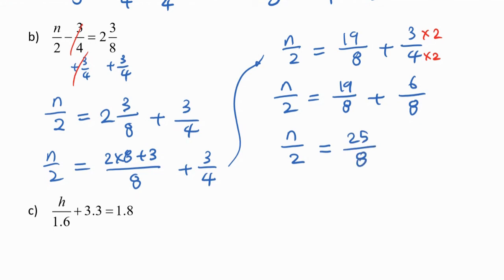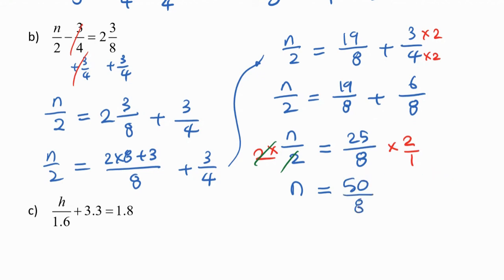So we're almost done. Now we're going to isolate n. So multiply by 2 on both sides. Remember, when you multiply 2 to a fraction, you change it to a fraction. So 2 over 1. This will be cancelled. I have n isolated. 25 times 2 is 50. 8 times 1 is 8.